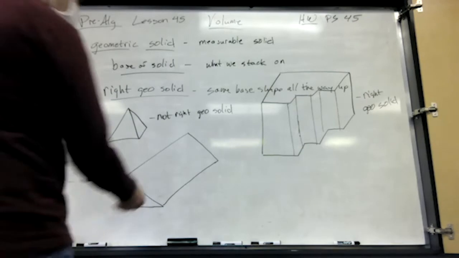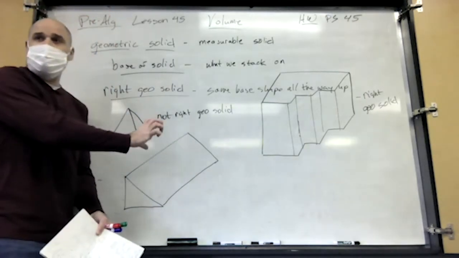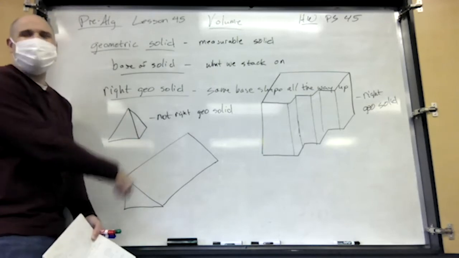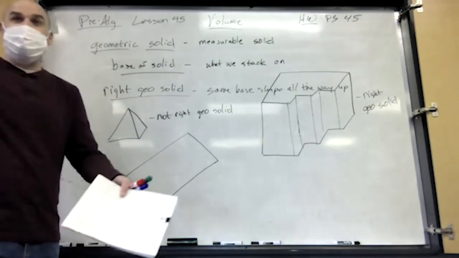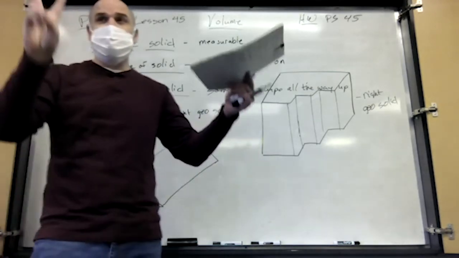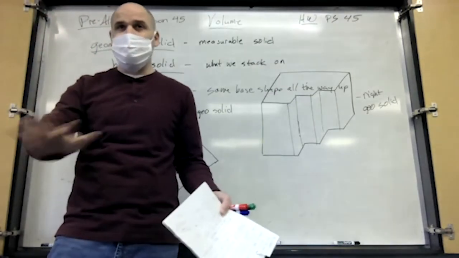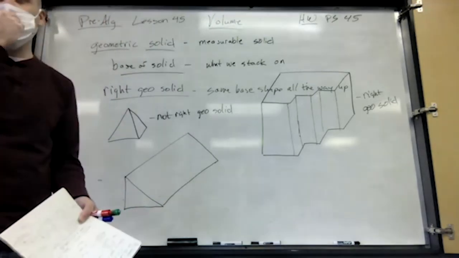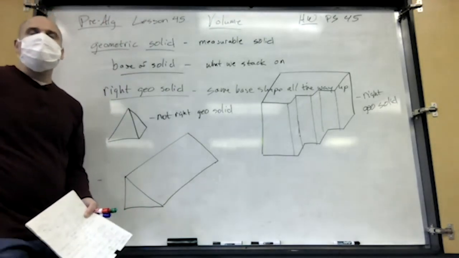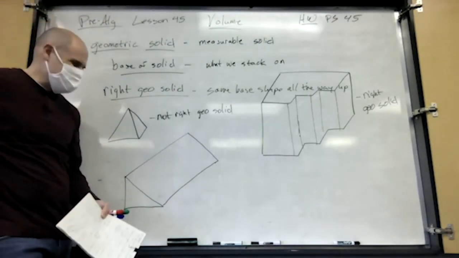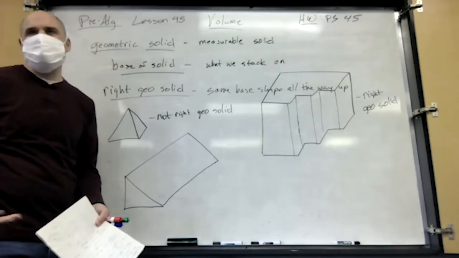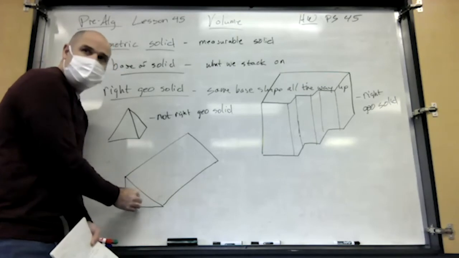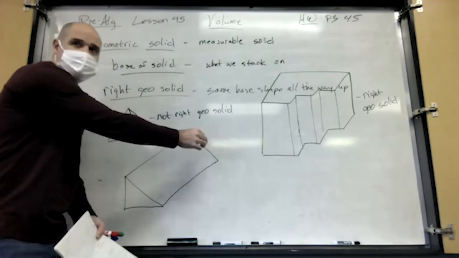But if you just took this and put it on its side, then you could justify in your mind, okay, now it's the area of the base times the height, because the base looks like the bottom, even though that's not necessarily what the base is. It's not necessarily the bottom all the time. You're multiplying by height. The height in this case is not how high it is. It's just the distance between the base and the ending base.